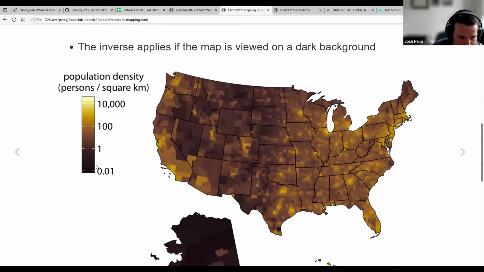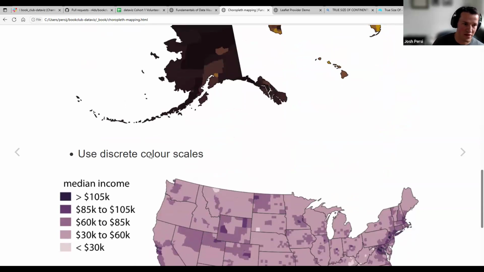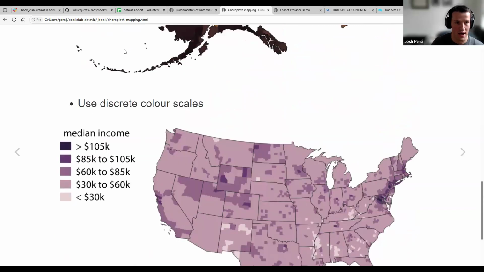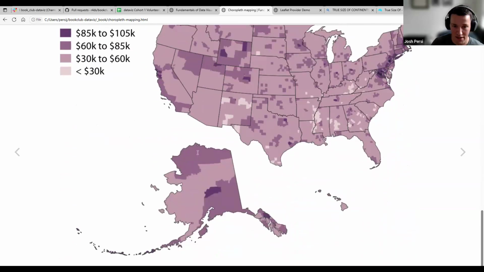Is it 0.05, or some value between 0.01 and 1? It's a little hard to get exact values. He says you should bin them into categories like this, where each color uniquely identifies one bin. It's much easier to visually match the colors with the legend because there's only 5. There's not as much variation. I'm a fan of that. I think it's a good idea.